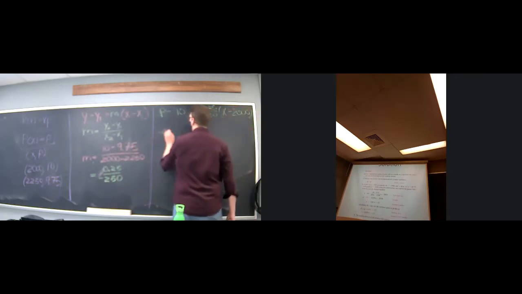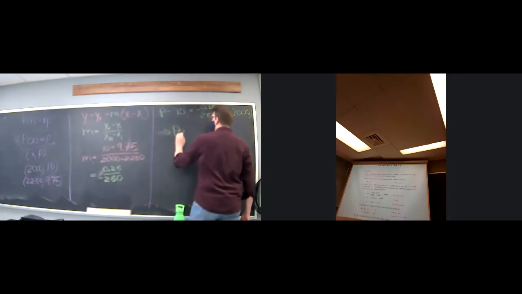So what we're going to get is that price as a function of x is equal to negative 0.001 times x plus 12. Yes, I am cheating and looking at these notes as I go through. All right.